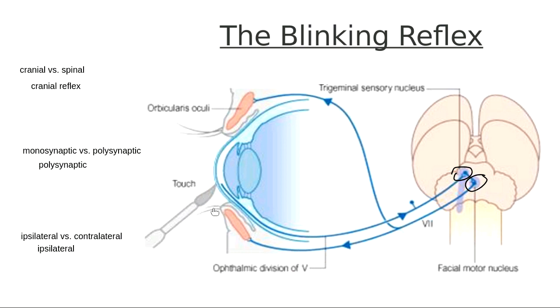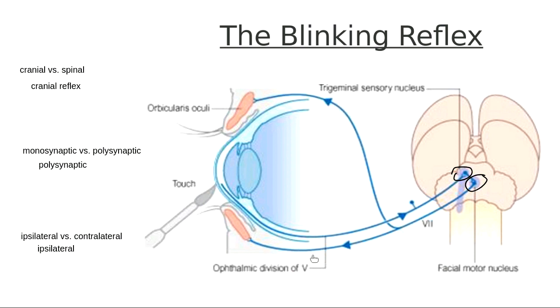But whatever this stimulus is, what I'm detecting in the blinking reflex is a touch sensation. I'm detecting what's touching my cornea in particular, the outer front part of your eye. What's cool about this, or at least it's cool to Dr. Ollis because I'm a nerd here, is that touch sensations from your cornea go back to your brain using cranial nerve number 5.